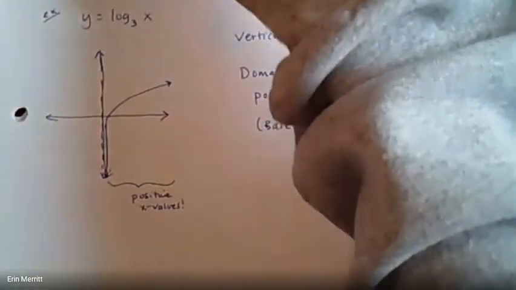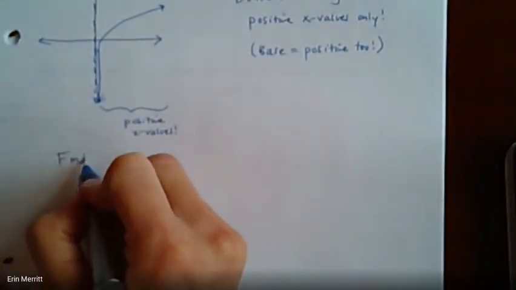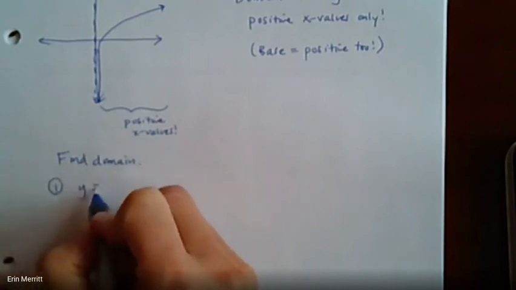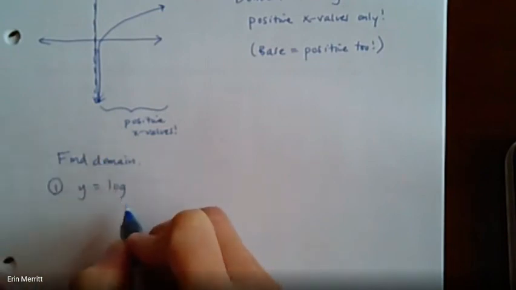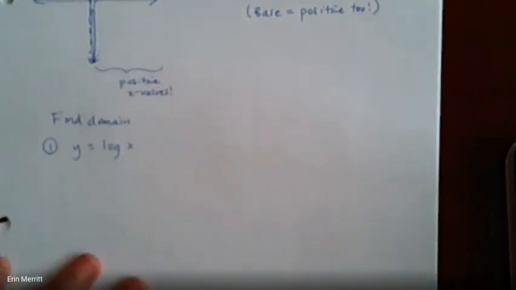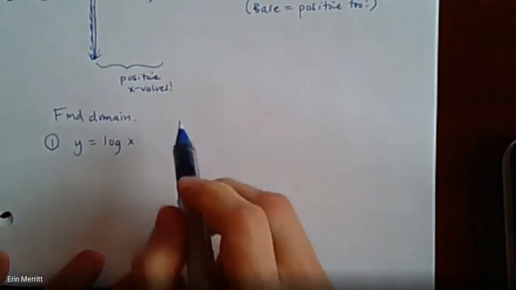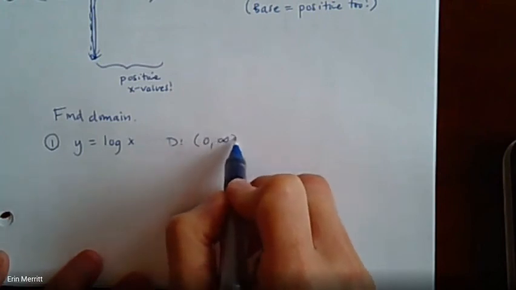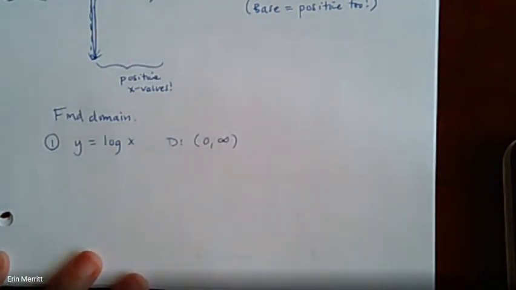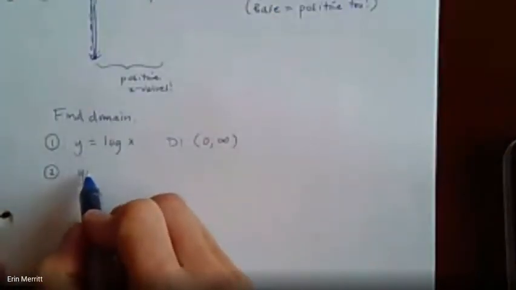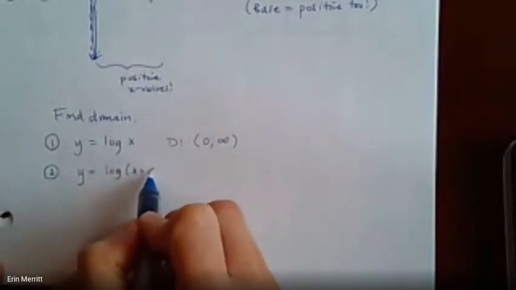So what does that mean for us though, in terms of what type of questions you'll see? Well, if I ask you to find the domain, I might give you something really simple, like find the domain of log of x. Well, if all it is just x all by itself, then the domain would simply be from 0 to infinity because it's just all the positive numbers. What if I ask you, though, to find the domain of log of x plus 5?